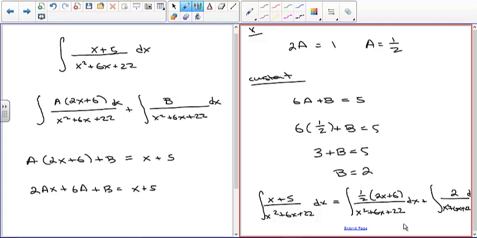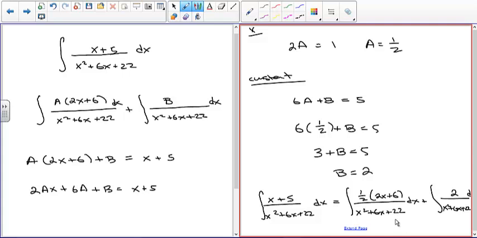This one is almost ready to go, because if you let this be u, then this is du. 2x plus 6 times dx is going to be du. So that one we've got far enough. The second part, we have to apply completing the square, because we need to get it to fit the integral of 1 over a squared plus u squared. And that's what we'll do next time.